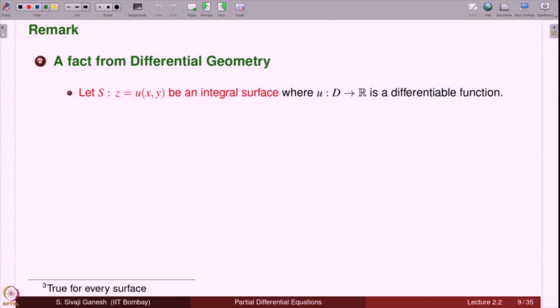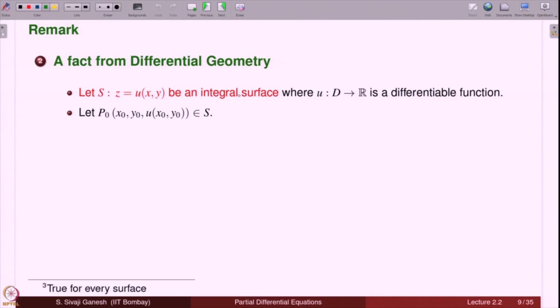Now, a fact from differential geometry: let S be an integral surface where u is a differentiable function. u is a solution, therefore it must be a differentiable function. Actually, in this fact we need not have integral surface written; it is true for any surface. I wrote integral surface here because we are interested only in surfaces described by solutions of the equation.